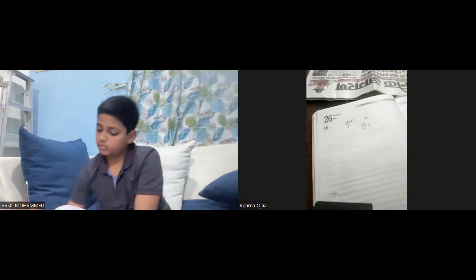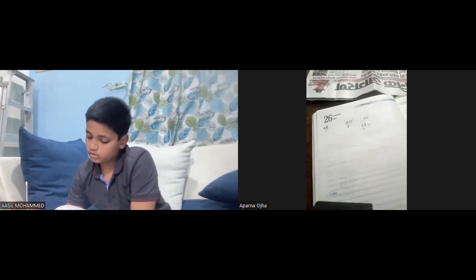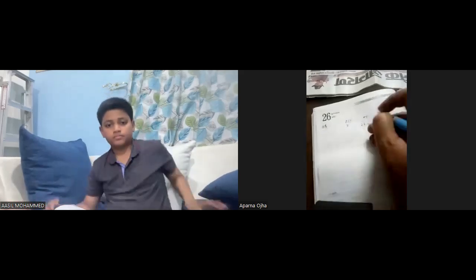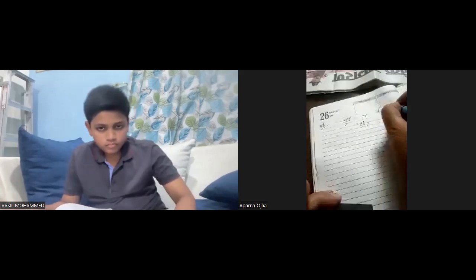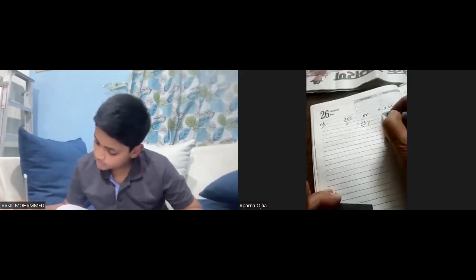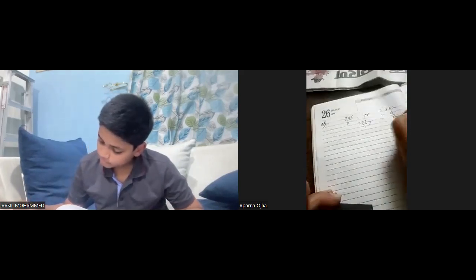The diameter is 2.8. So the radius will be how much? Diameter divided by 2.